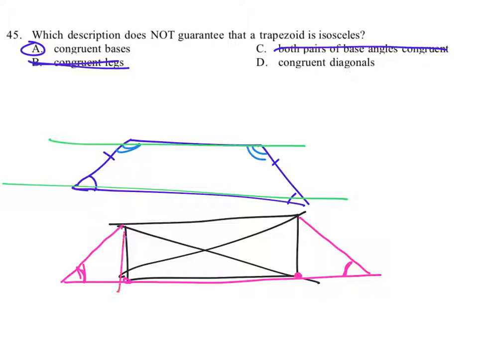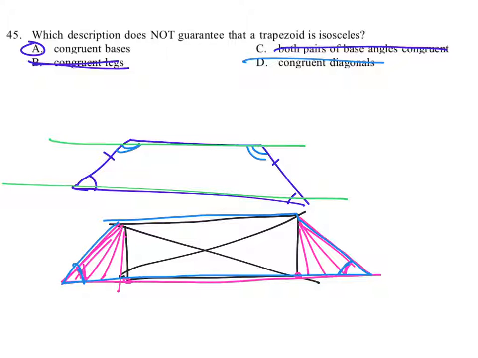If you drag that increasingly further at the exact same rate, you would get base angles being the same, and also the diagonals would stretch accordingly from the vertex here and here at the exact same rate, continuing to stay equal. Okay, so it's not that one.